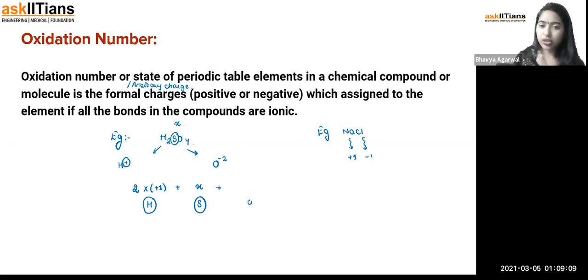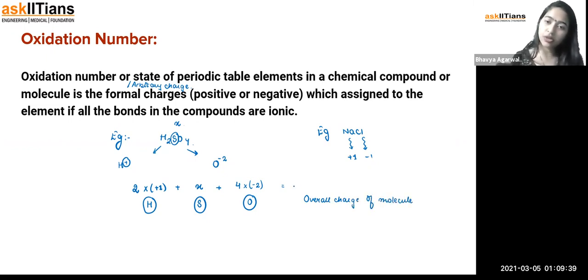Each oxygen has a tendency to attract 2 electrons, and I have 4 such oxygens, so it would be 4 into -2. If I add all the charges of the atoms, it will give me the overall charge of the molecule. And the overall charge of the molecule is 0, because it's a neutral molecule.